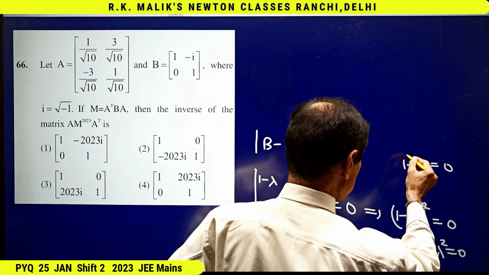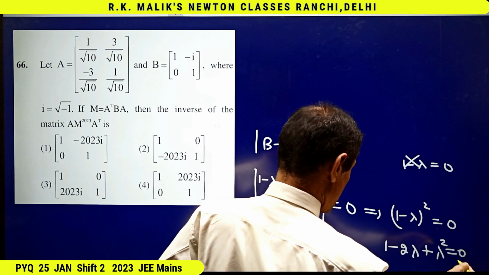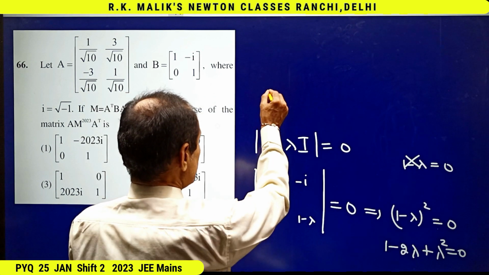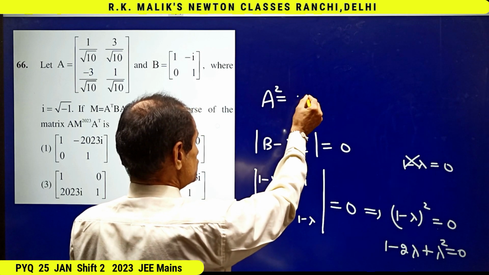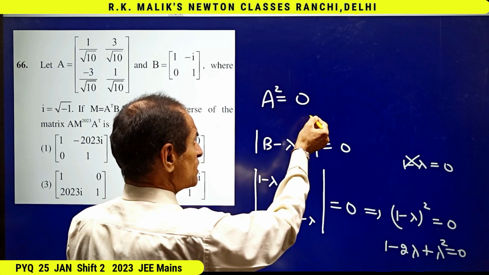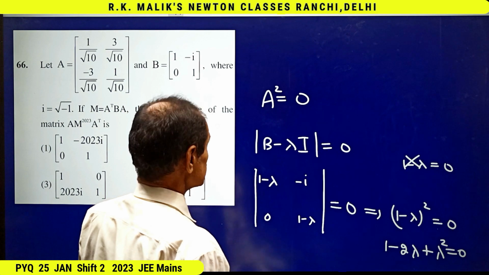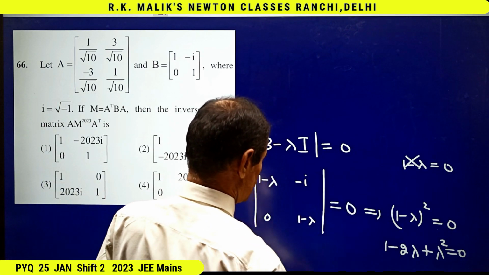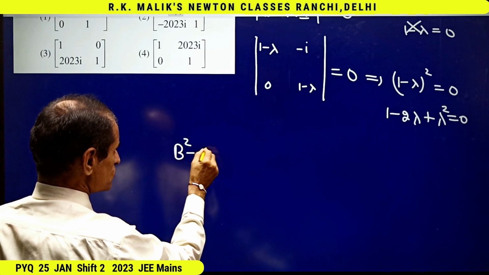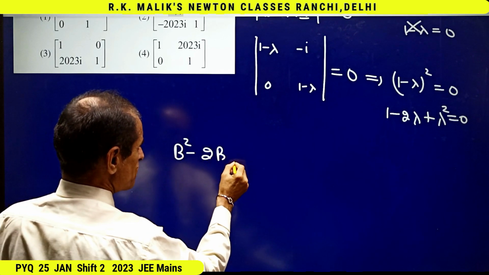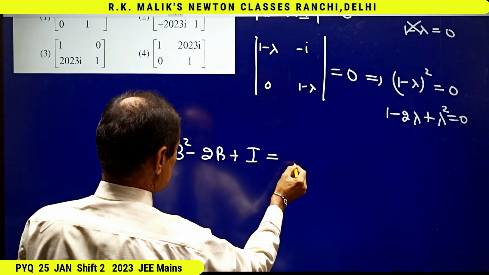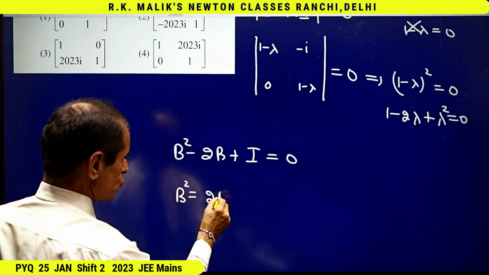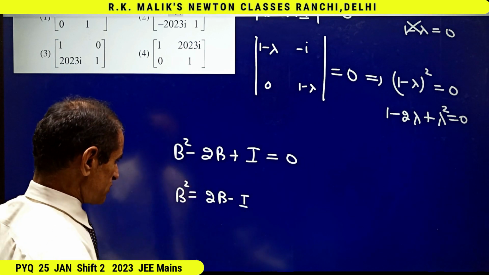After this step, don't go this way, because in matrix algebra, if A square is the zero matrix, it doesn't mean that A is also the zero matrix. Because this is the characteristic equation of matrix B, B square minus 2B plus I is equal to 0. That is, B square equals 2B minus I.